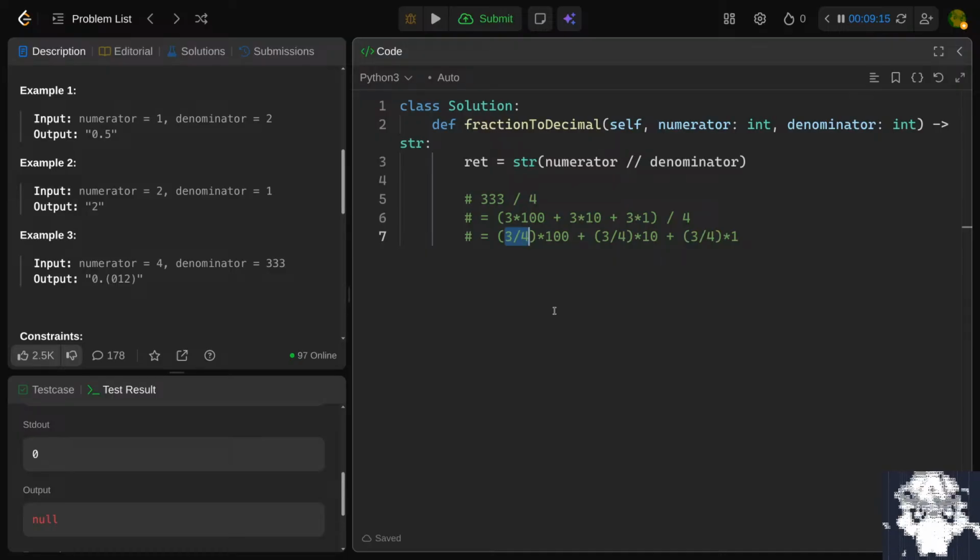Right? So I think that means, well, no, the issue is 4 could be multiple digits, and if I expanded this into a sum of its digits, I wouldn't be able to distribute it.